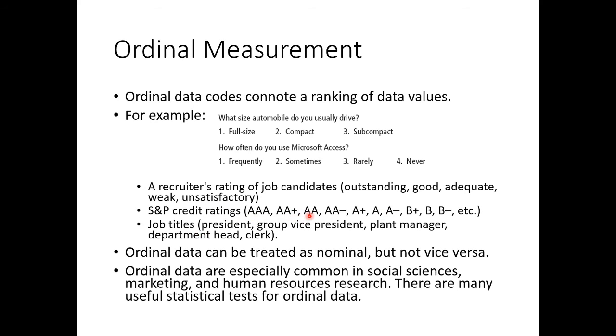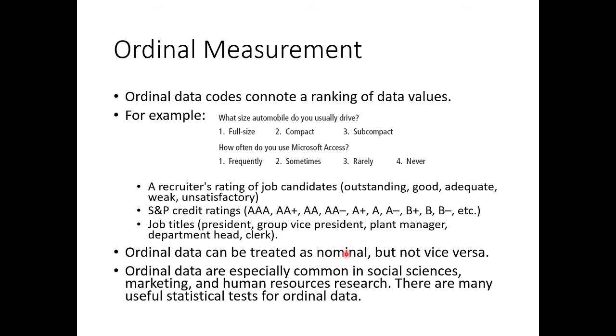So this data looks like nominal, but it has an order. In this case, we say that it is ordinal measurement. Job titles are also an example: president, vice president, manager, department head, clerk. It has a single order. Ordinal data can be treated as nominal, but nominal data cannot be ordinal.